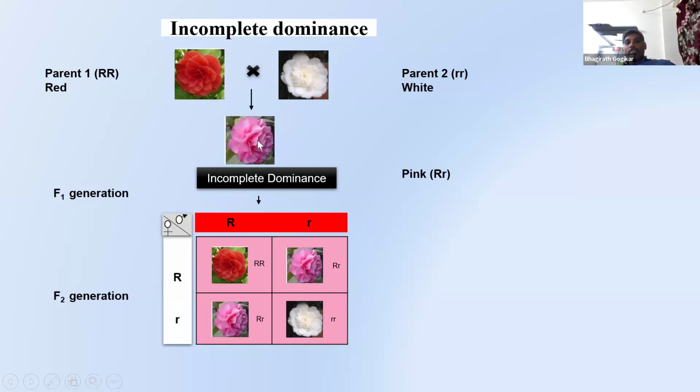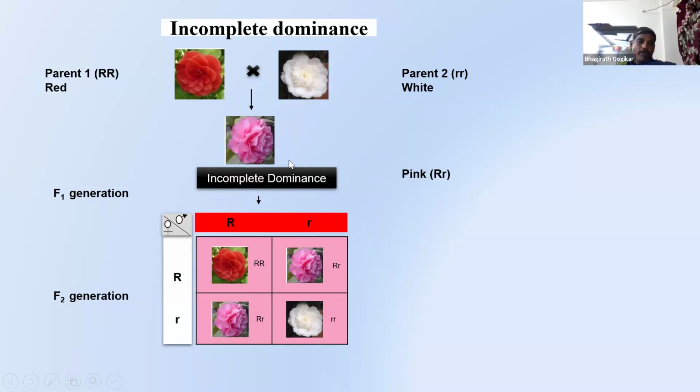The partial expression of the dominant gene in the heterozygous form shows an intermediate character, white and red mixed, giving purple, an intermediate feature of the parental plants.